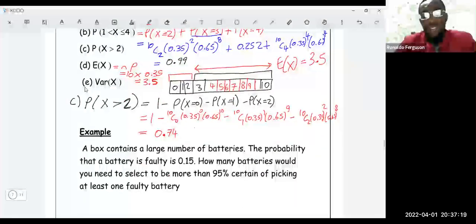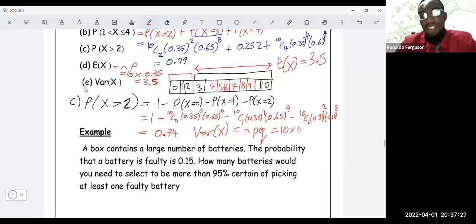Now the formula for var X is var X equals N times P times Q. So it's going to be 10 times 0.35 times 0.65. I'll put that in our calculator.